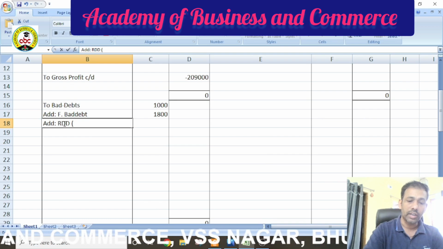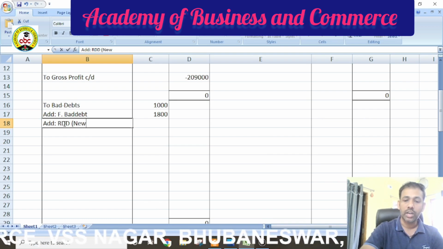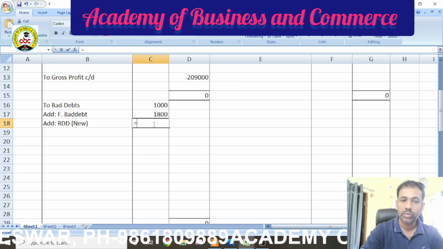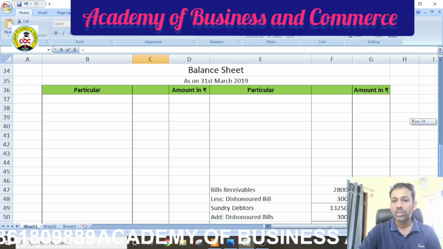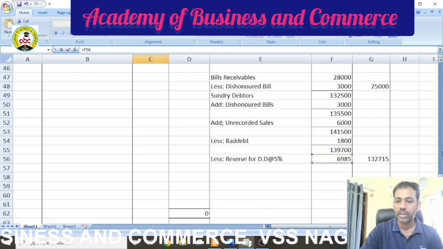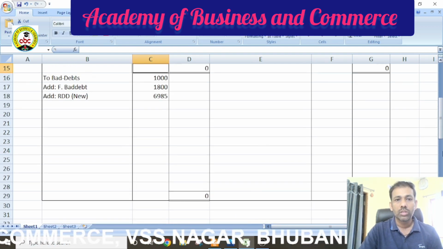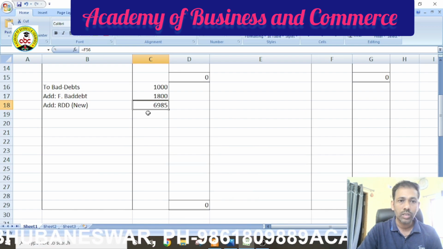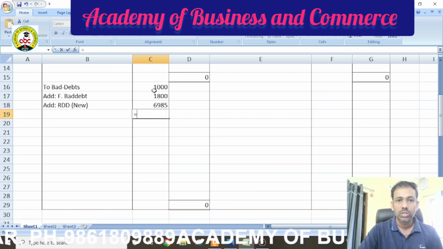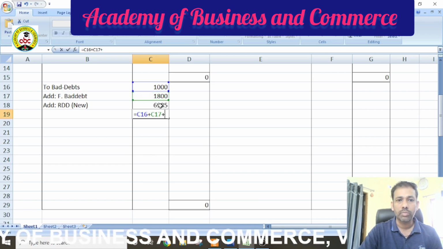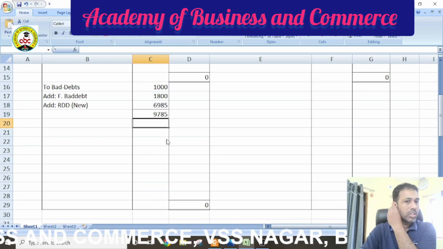In bracket you have to write new, and that amount we take from here, 6,985. Then we have to add these three items and get the total amount: 1,000 plus 1,800 plus the new provision or new reserve.